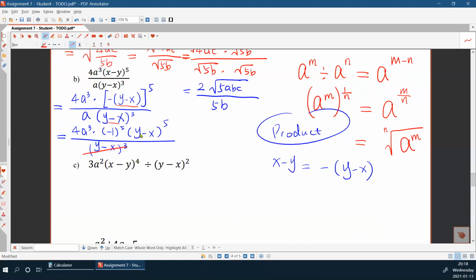This leaves us only (y minus x) to the second power. Minus 1 to the fifth power is minus 1. So the final result is minus 4a to the third power times (y minus x) to the second power, right?